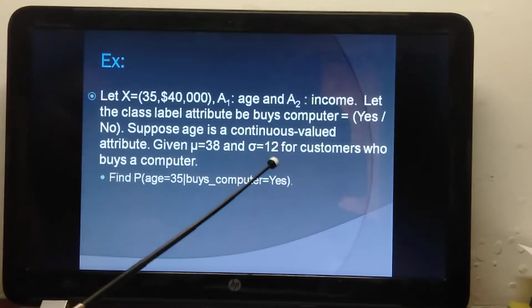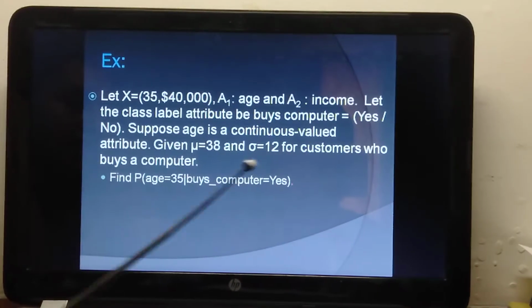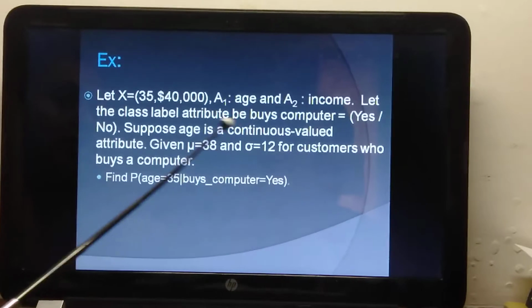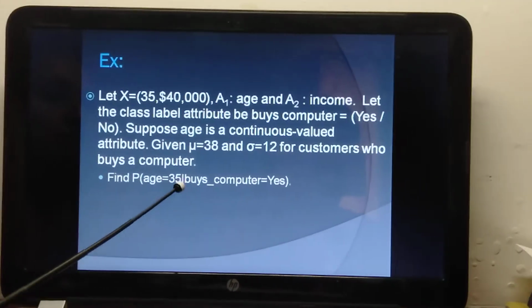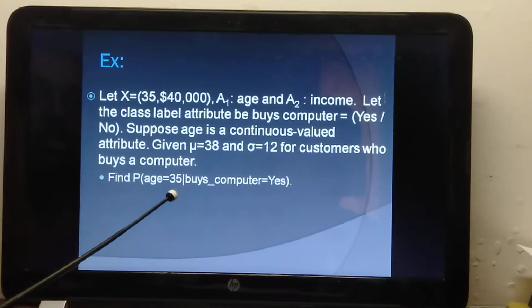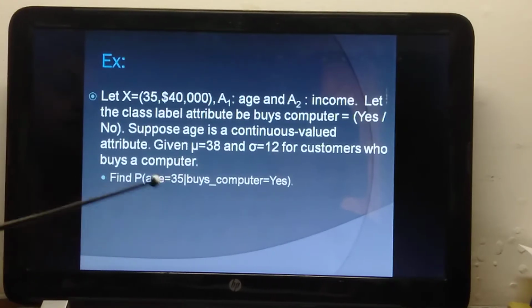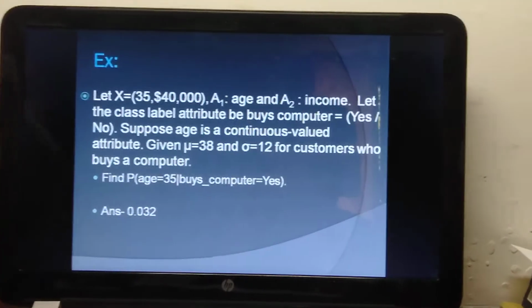So wherever it is yes, these are the mu and sigma values. Now simply substitute these into the Gaussian equation, and you will get 0.032.